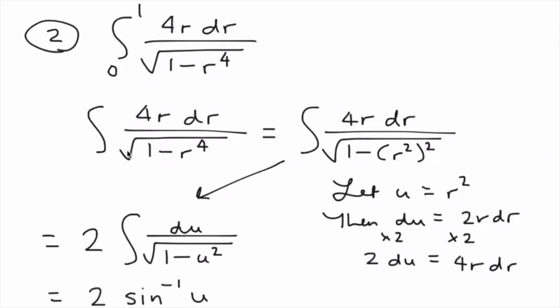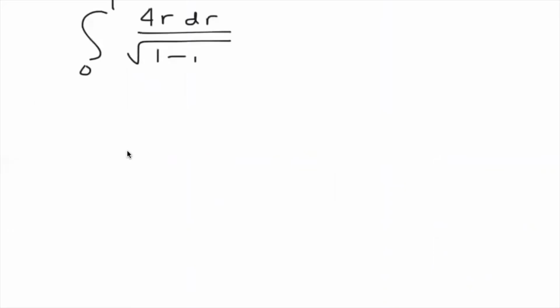But of course, this isn't about u. This is about r. So the antiderivative we're looking for is 2 inverse sine of r squared plus c. Okay, so back to our original integral. It was from 0 to 1, 4r dr over the square root of 1 minus r to the 4th.